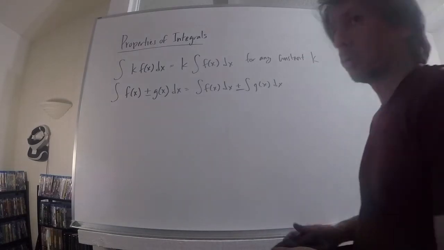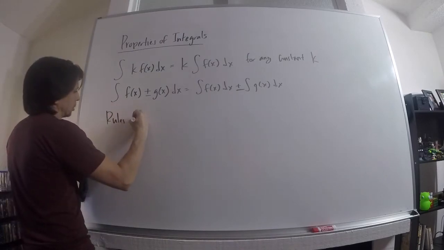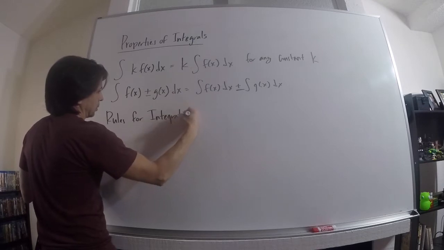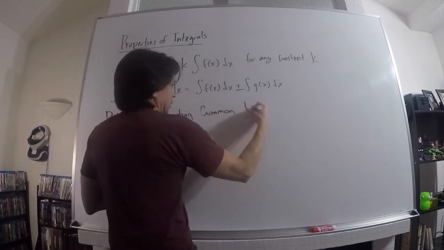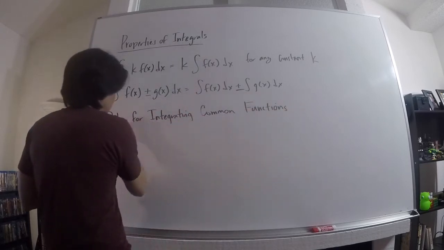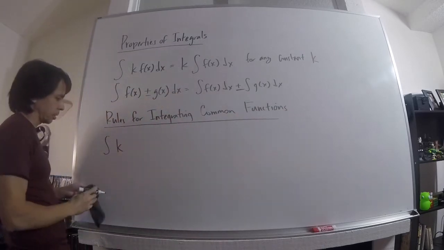Okay, next we're going to do rules for integrating common functions. And k is still going to represent a constant.